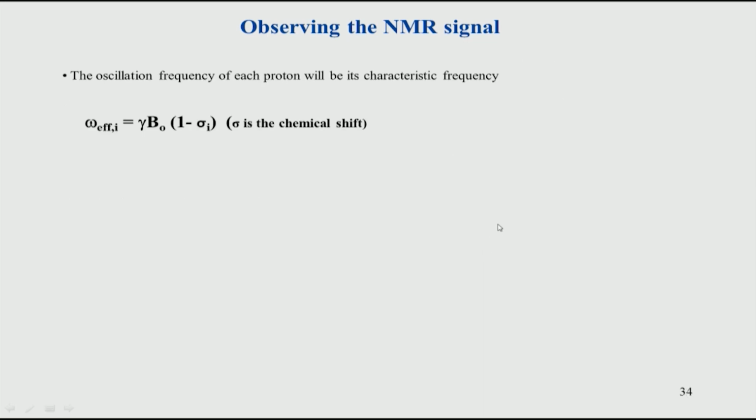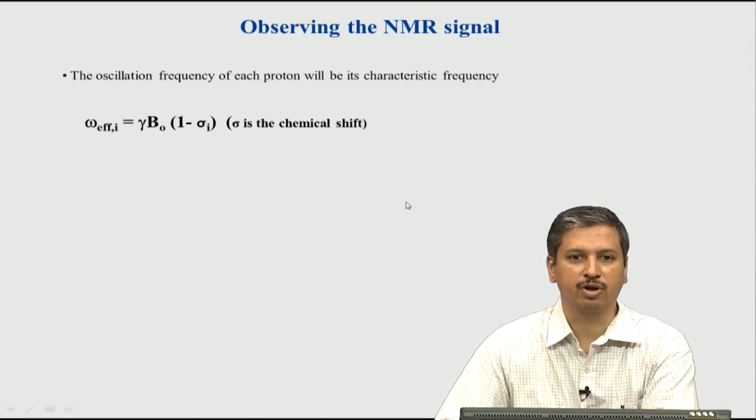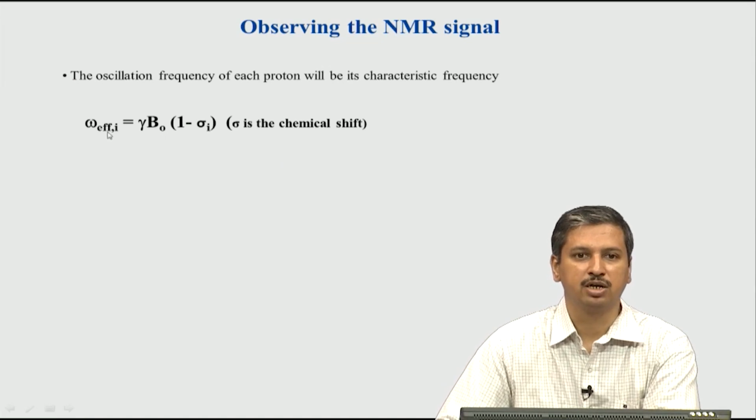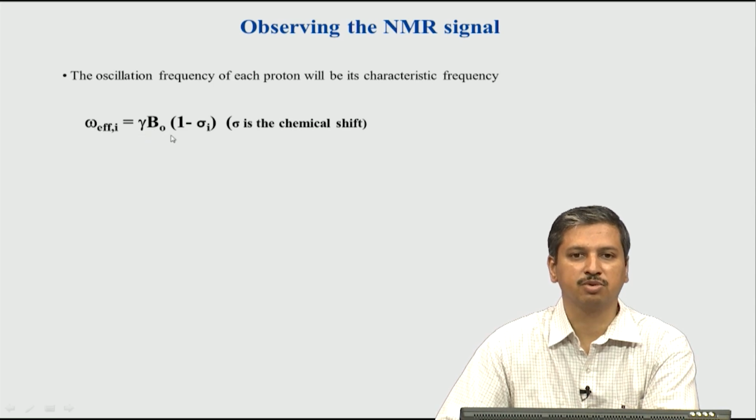Now let us see what this oscillation is coming from. If you look at this formula, your omega is equal to gamma into B0. Remember, this is the very basic concept which we saw earlier, that the precessional frequency of a spin is related to its gyromagnetic ratio into B0. But now this is where the concept of chemical shift comes into the picture.